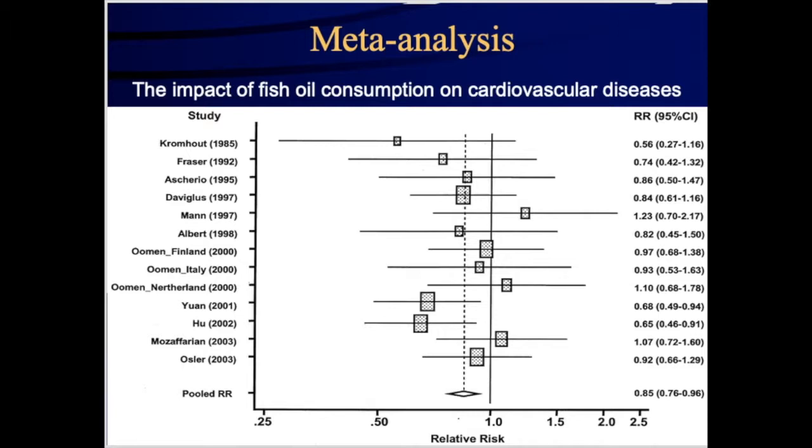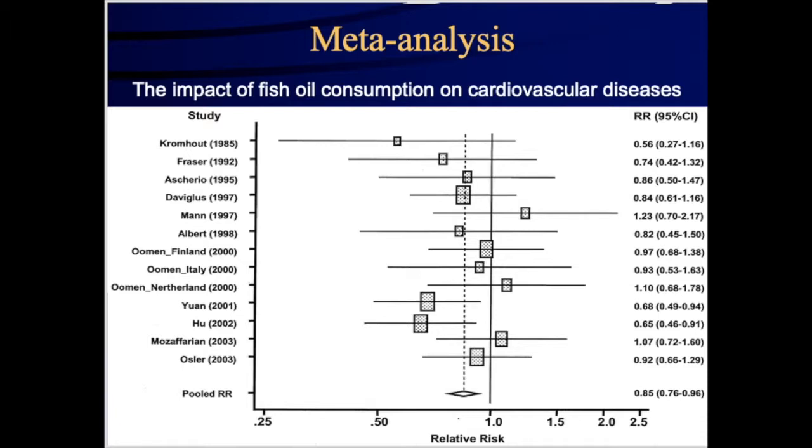So this systematic review went on to do a meta-analysis, and we can see here the impact of fish oil consumption on cardiovascular diseases. We can see that the pooled estimate of the relative risk and the 95% confidence intervals of cardiovascular heart disease mortality for fish consumption of once per week versus less than 1 time per month.